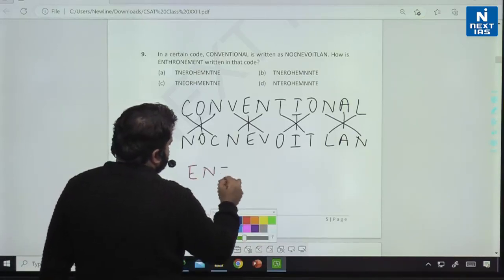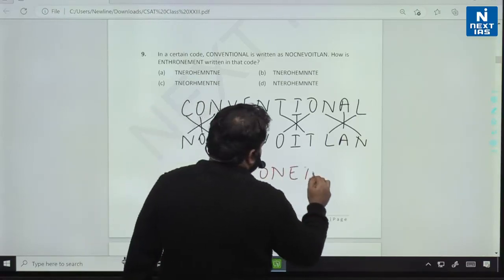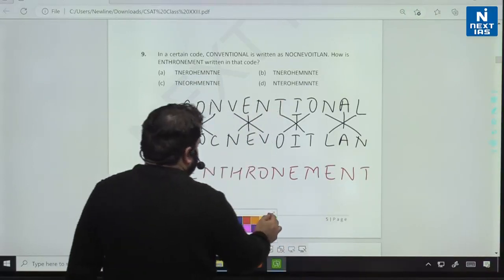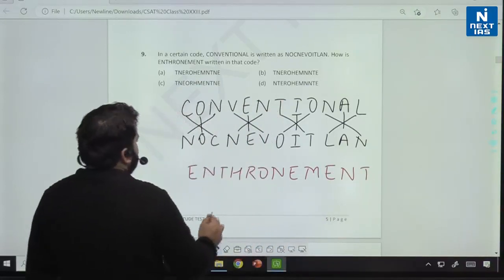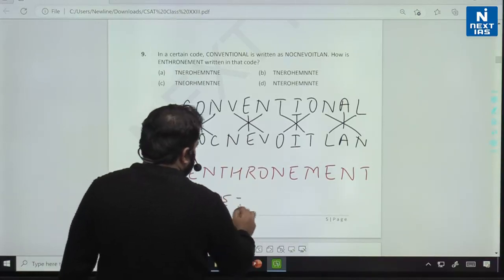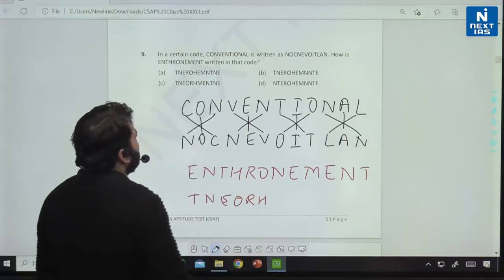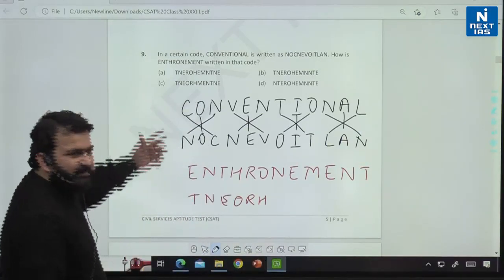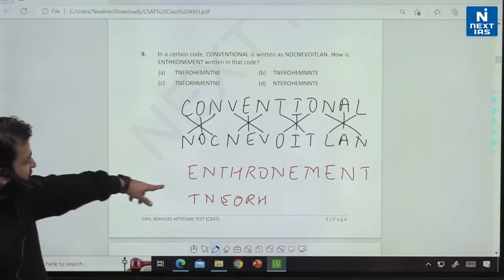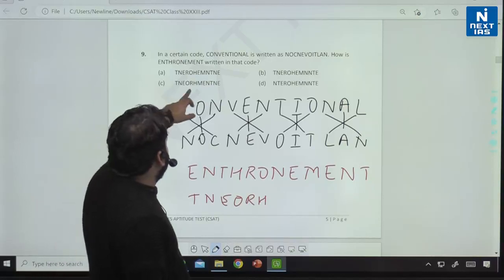So exactly in the same manner, enthronement becomes TNEORH. Now as soon as you do TNEORH, in the options only one option contains TNEORH.